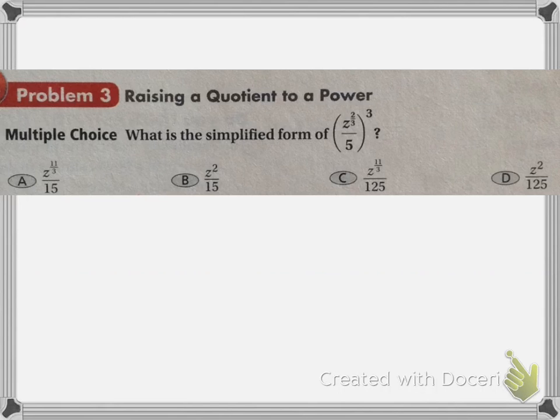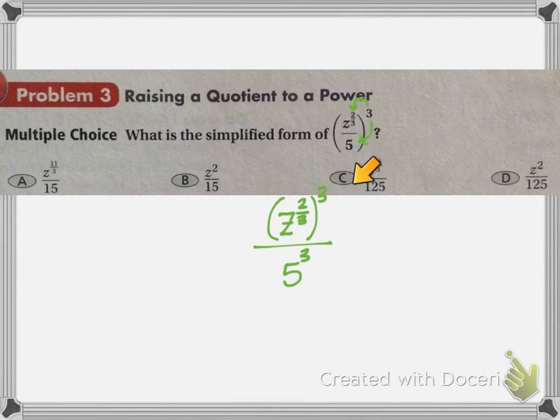So your example. Now, they give you a pretty involved example to start with. We're going to do z to the 2/3 over 5, all to the 3rd. The first thing we're going to do is distribute the exponent to every part of the fraction. That's going to end up being z to the 2/3 to the 3rd over 5 to the 3rd.